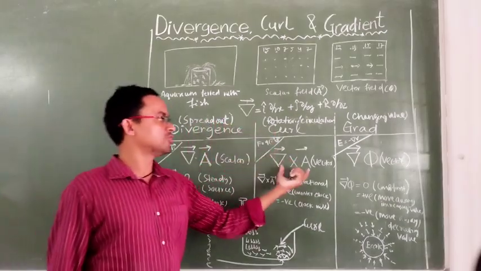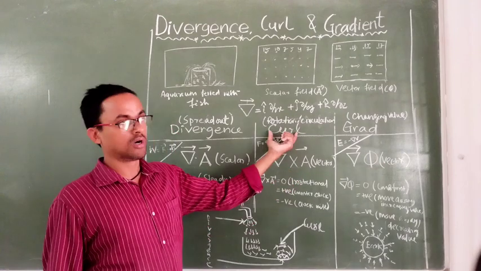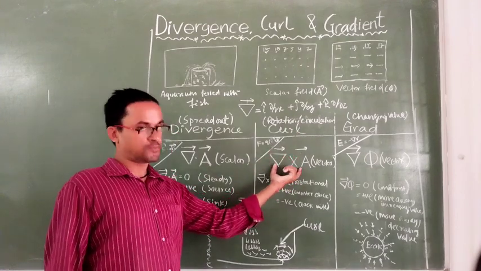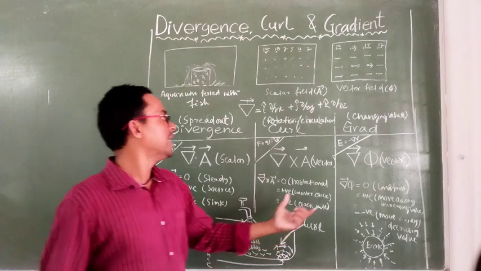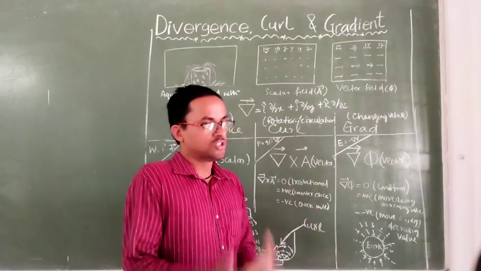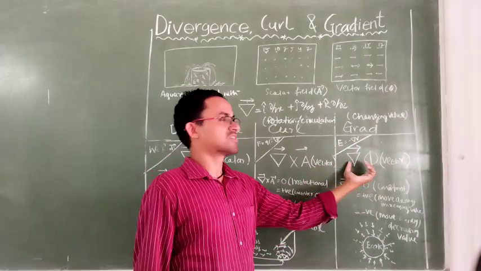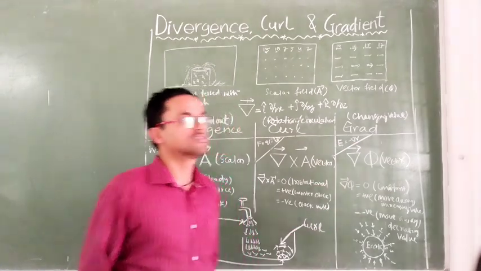When it operates on a vector field with a cross product, we call it curl. And when it simply operates on a scalar field, we call it grad.